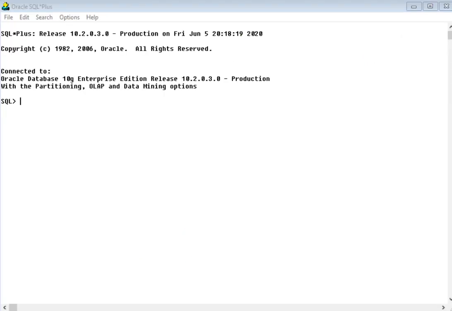This is the software which we are going to use. This is nothing but an RDBMS. Here we can store our data. To store our data, we have to write some queries, right? To deal with the data, we have a language, and that language is nothing but SQL.